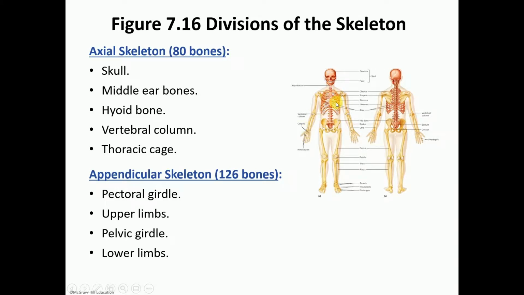The appendicular bones are hanging from our axial skeleton, and those are 126 bones. Those include your pectoral girdle, which are the shoulder bones, and the bones of the upper limbs. It also includes the pelvic girdle, which are the pelvic bones, and also the bones of the lower limbs.